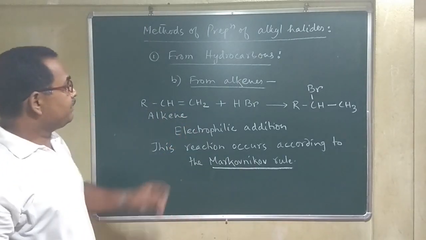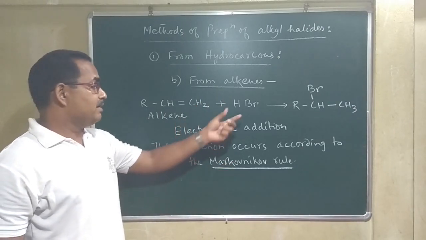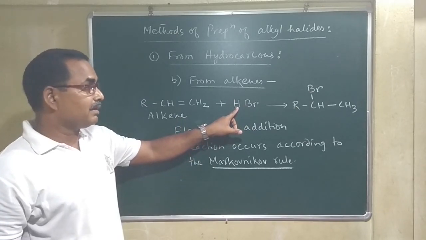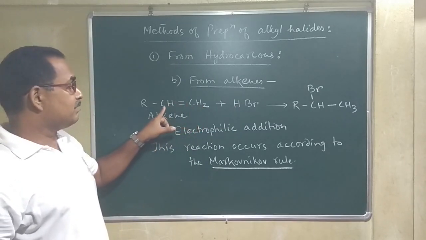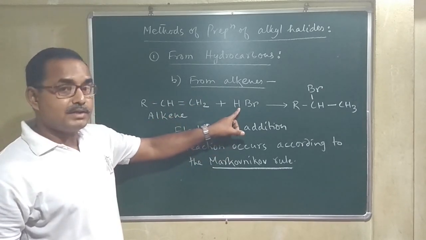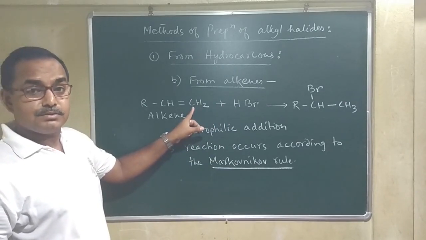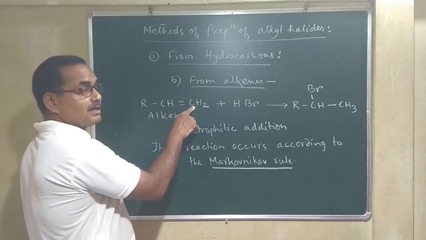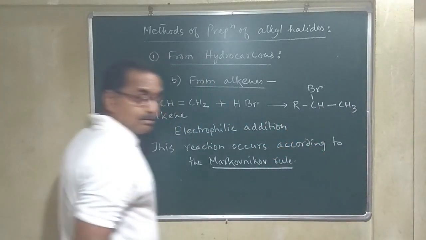So when we carry out the reaction, Markovnikov's rule will be obeyed. Now the positive part of HBr is H. So according to Markovnikov's rule, H will add to this carbon, because this carbon has one hydrogen and that has two hydrogens. Hydrogen adds to this carbon, bromine adds to this carbon. As a result, we have this product.